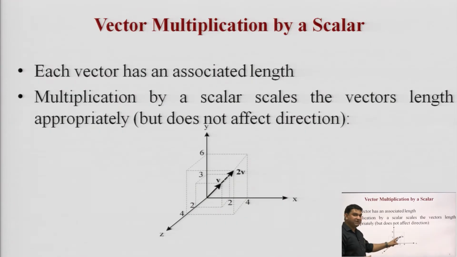Here this is represented. If the vector v is multiplied by 2, the resultant will be 2v, meaning the direction will remain the same. It means the scalar factor or multiplier acts in the same direction as that vector, either in the direction of x, y, or z.